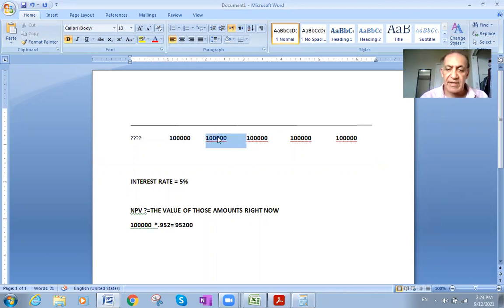Second amount, the same thing. Copy, and we'll go back to see what the amount will be. This is for the first year; this is the second year, times the present value. I will go to the financial tables and see the 5% within the second year.